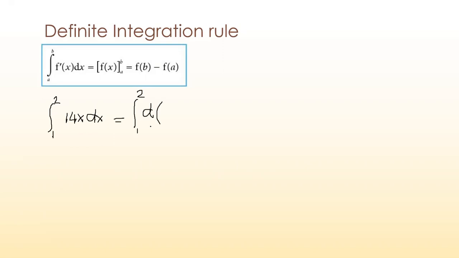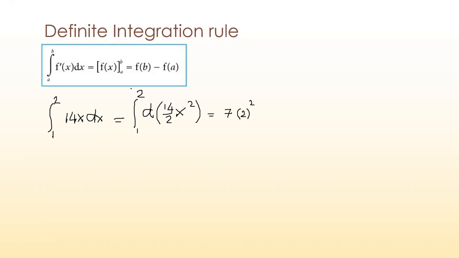So the outcome of the integration equals, okay, the integral of 14x is 14 over 2 x squared, which is 7x squared. So it's 7 times 2 squared, why 2?